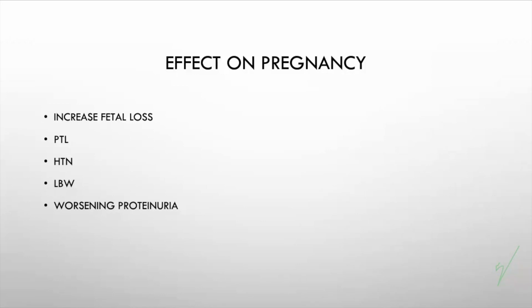Her recent labs show creatinine is 1.2 milligrams per deciliter, and there's no proteinuria. Will you allow this patient to get pregnant? Yes, of course. From this history I gave you, what things didn't you like?